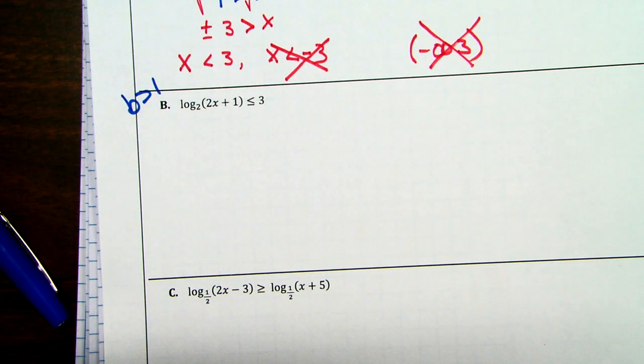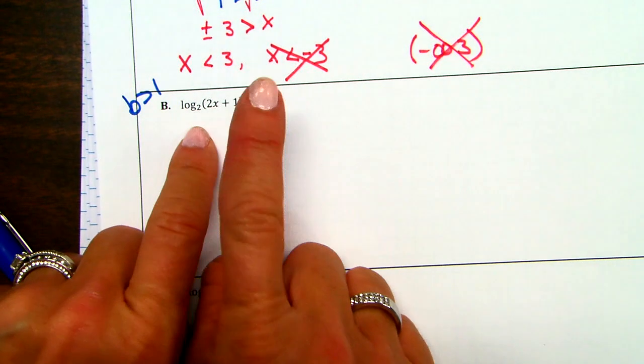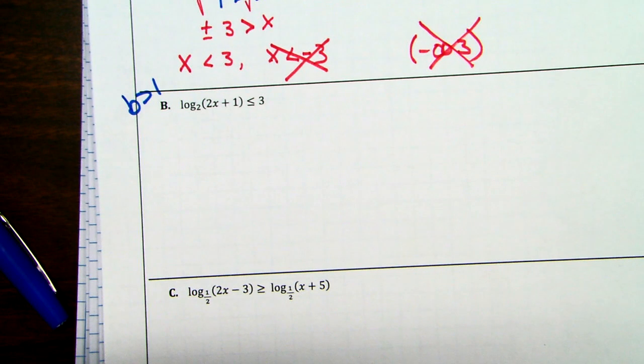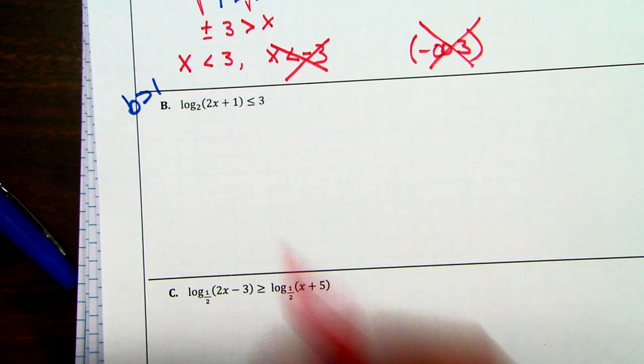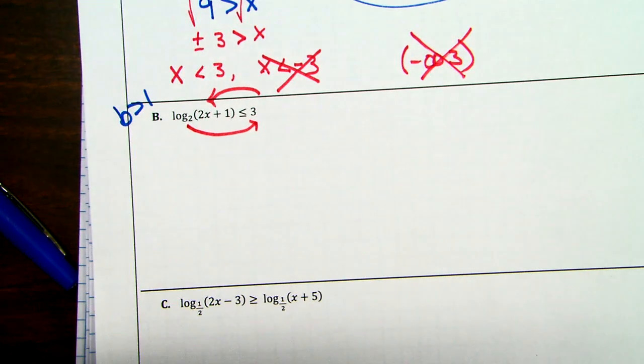Okay. So in that first example, we had logs on both sides. Yay, we canceled. In this one, notice we don't have logs on both sides. This is where you have to rewrite your log in its other form. We did this: 2 to the third equals this.